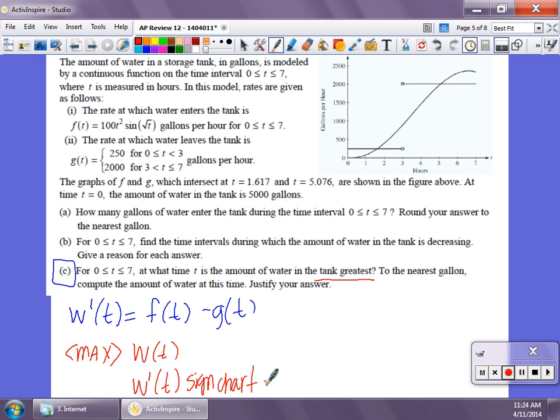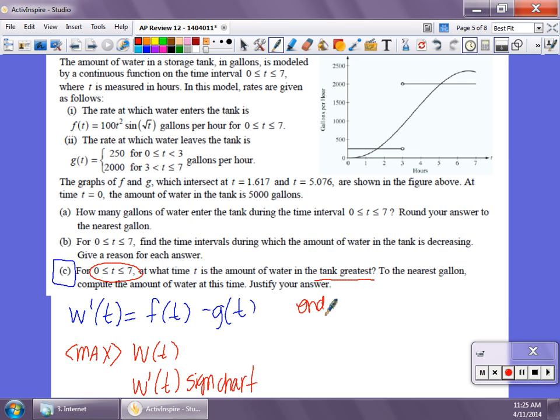All right. What else in that prompt is extremely important? Jamie, what else in the prompt is extremely important? Considering it's a maximum problem. From 0 to 7. That's important. Why? What are those?